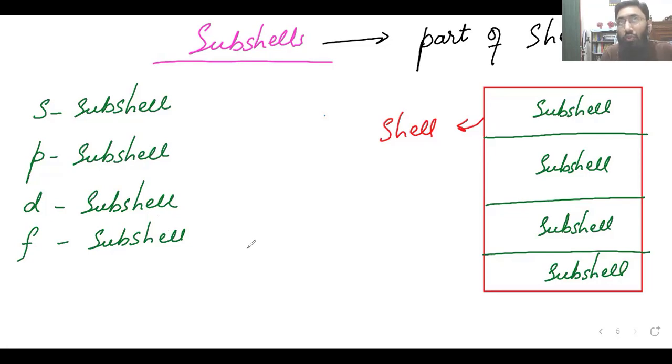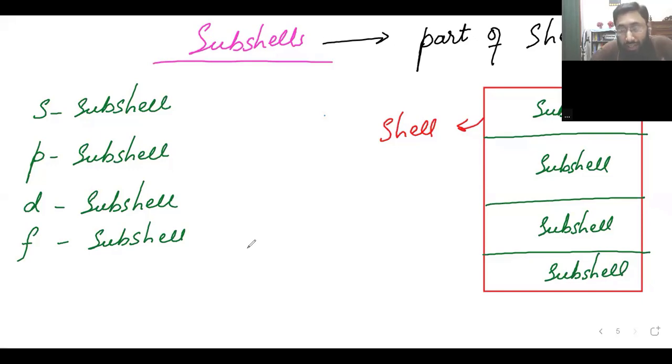When you have to arrange electrons in a shell, first of all you put electrons in subshells, then you put electrons in shells. This is a very important point, because in a few books at this level, they don't talk about subshells.